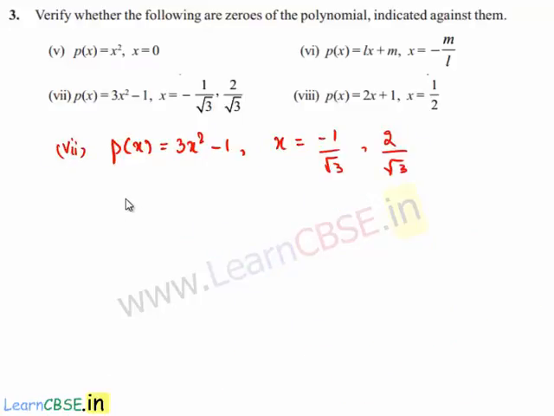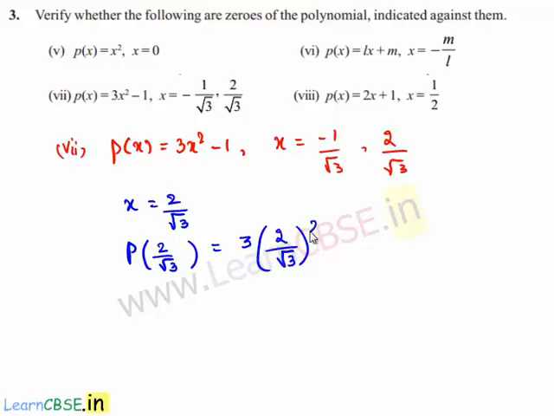Now let us substitute x is equal to 2 by root 3, which gives P of 2 by root 3 is equal to 3 times x square becomes 2 by root 3 whole square minus 1. I have already mentioned in the previous problem, root 3 square is equal to 3 power 1 by 2 whole square, which is 3 power 1, nothing but 3 only.